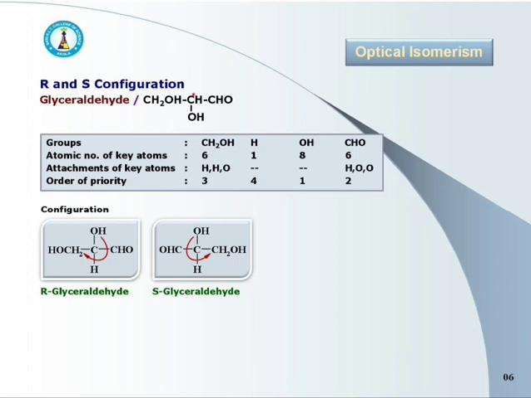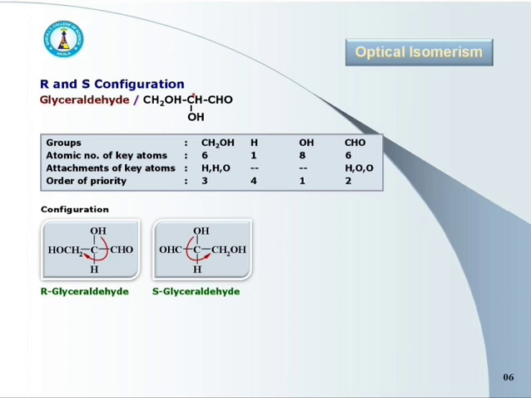Here, oxygen has the highest atomic number, that is 8, and it is the key atom of the hydroxyl group, and hence the OH group has first priority. Hydrogen has the lowest atomic number, that is 1, hence it has fourth priority.